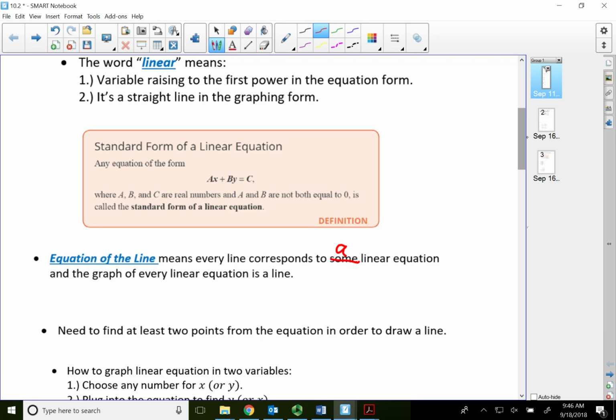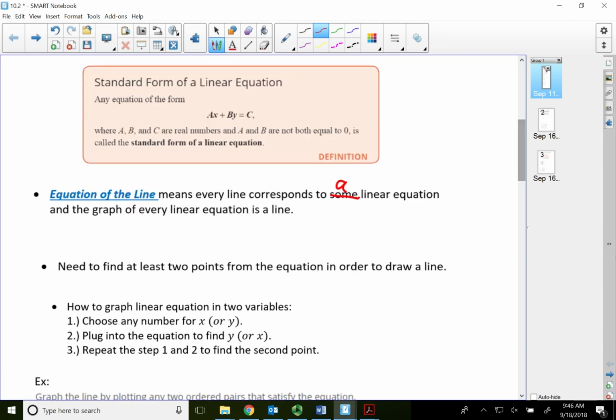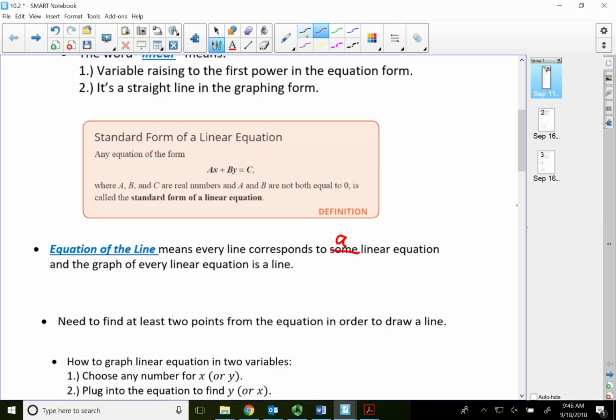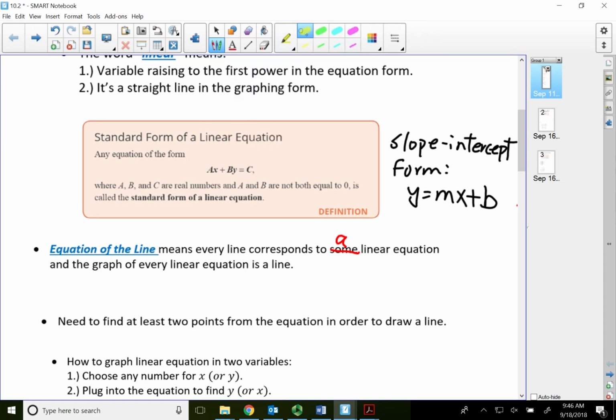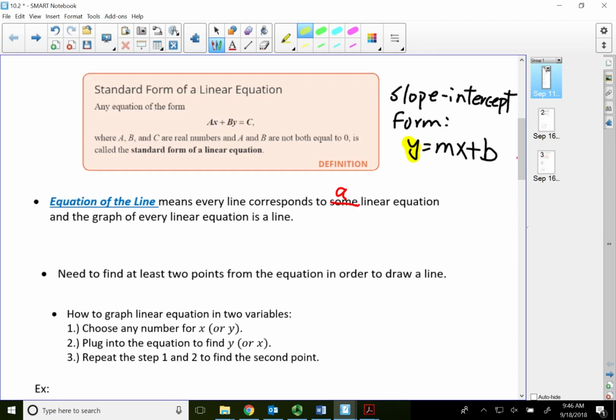There's another form, which we will also introduce later, called the slope-intercept form: y equals mx plus b. In this form, the variable y is on one side by itself. These are the two forms in which we normally see the equation of a line written.